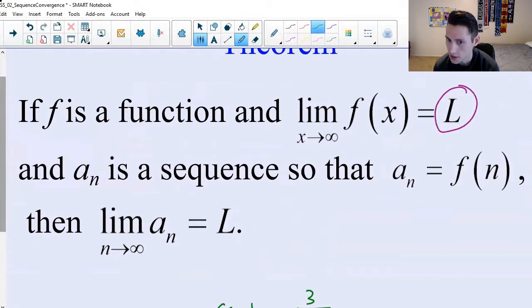So L could be anything: 3 or 5 or -10 or 1/1000th. Are you asking if L represents a specific number, like pi represents 3.14 or e represents 2.718? No, that's not what this L is. We're just using capital L to represent whatever the limit is.